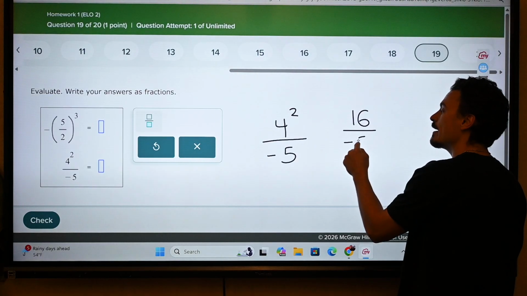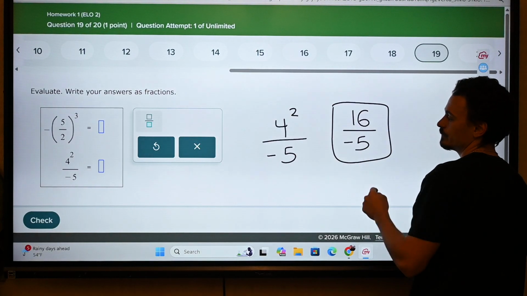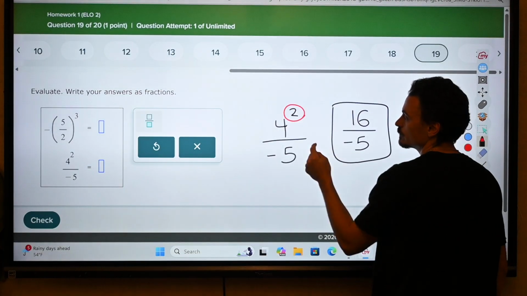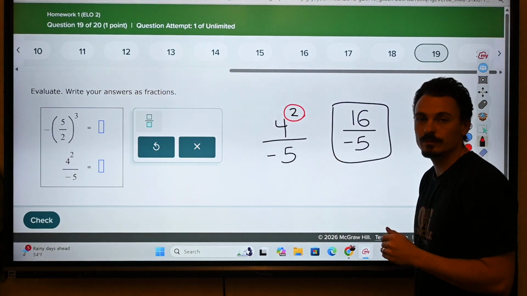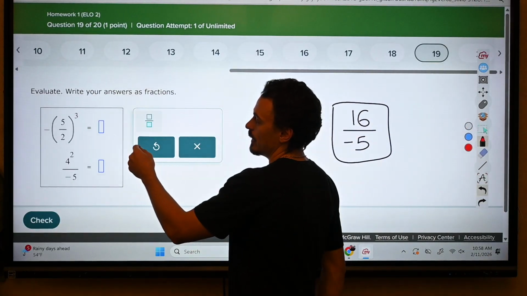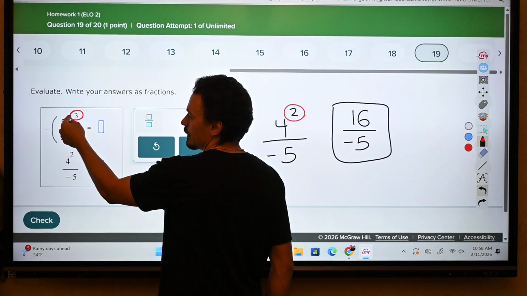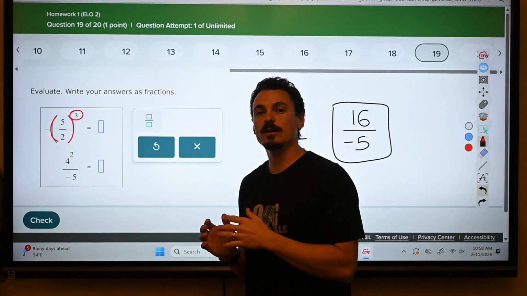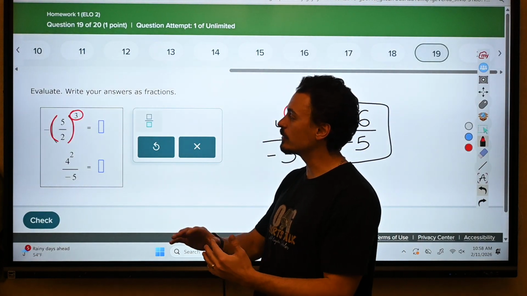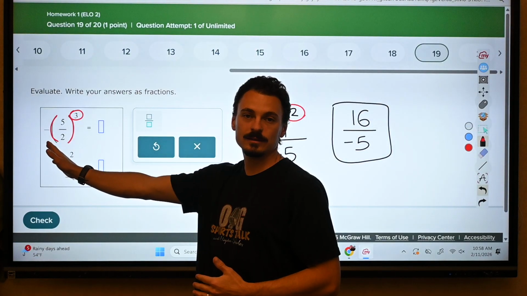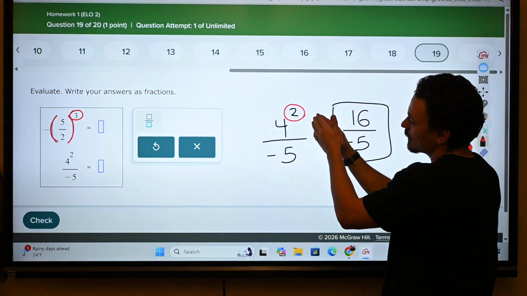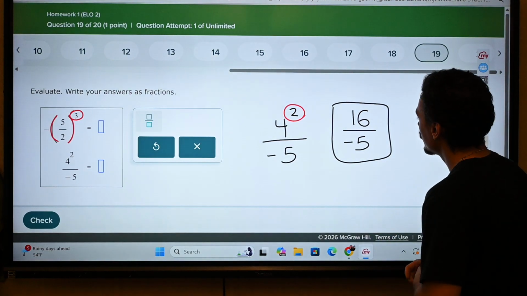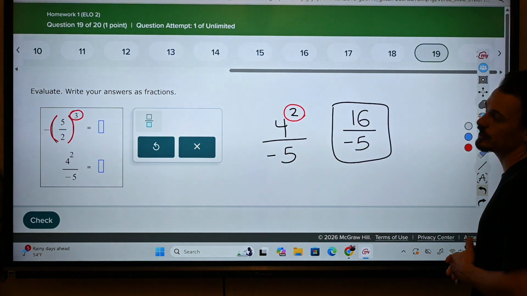But the negative 5 will stay the same, because the exponent is touching the 4. On the other questions, the exponent is touching the parentheses, which means you need to evaluate that exponent with every factor on the inside of the parentheses. Here, my exponent is touching the 4, so I'm only evaluating with a 4. I hope that makes sense, the explanation.